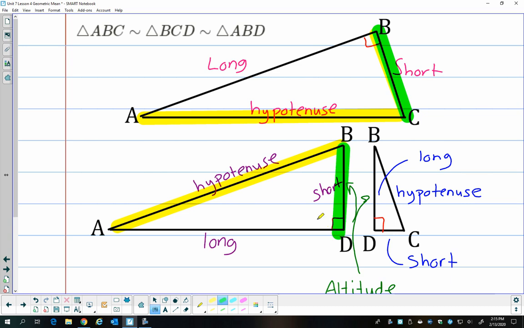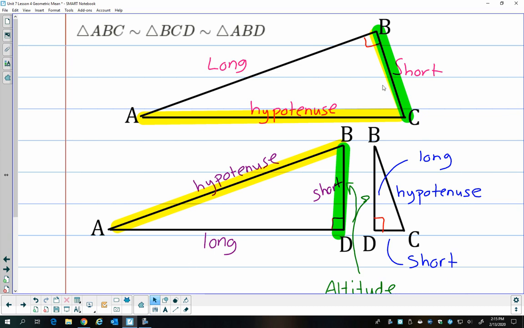So we can create all these different proportions if we write ratios of corresponding sides, so like hypotenuse to hypotenuse, short side to short side, long side to long side, the possibilities are endless.